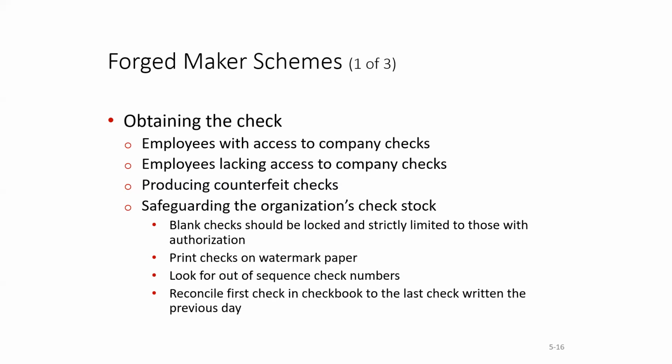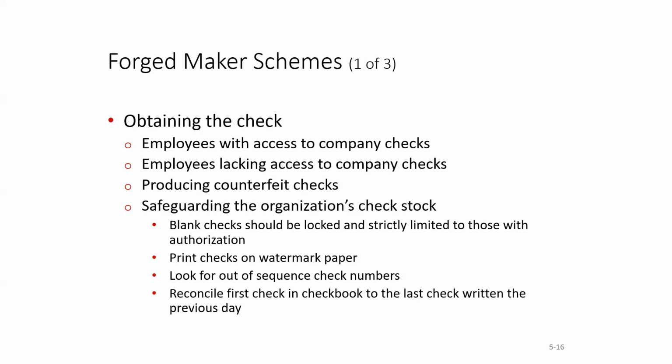Another control is looking for out of sequence check numbers. This is a common auditing procedure. We're looking for duplicate check numbers or huge gaps, particularly when we're doing our bank reconciliation, looking at that bank statement to see what has cleared, to see if anything is out of order. And then another good little control is just to compare the starting number in your checkbook at the beginning of the day with what your last check was at the end of the day.